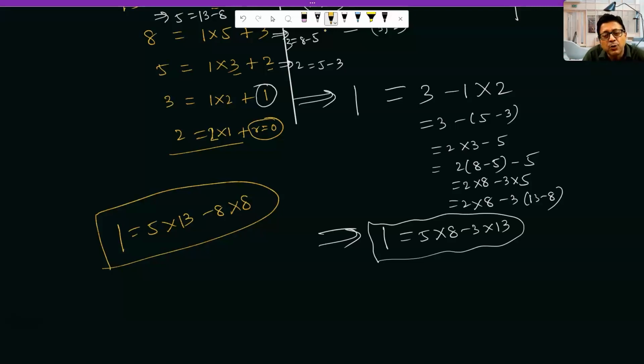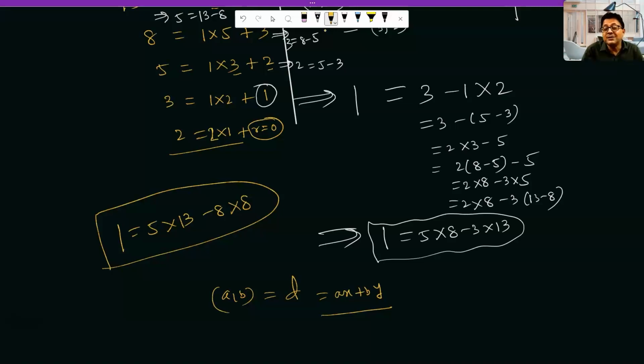I have never told you that the representation is unique. The GCD of two integers a and b, you can write as ax plus by, but I have never mentioned that x and y are unique integers. I told you that for some integers x and y, it can have many solutions.